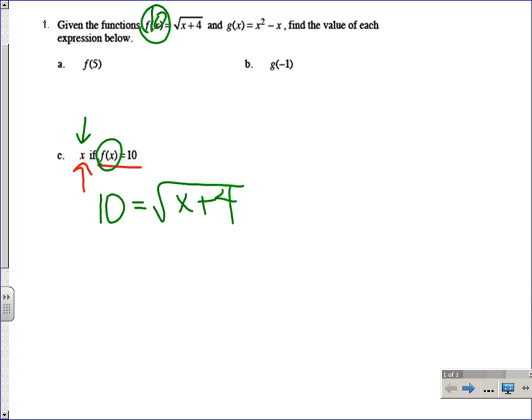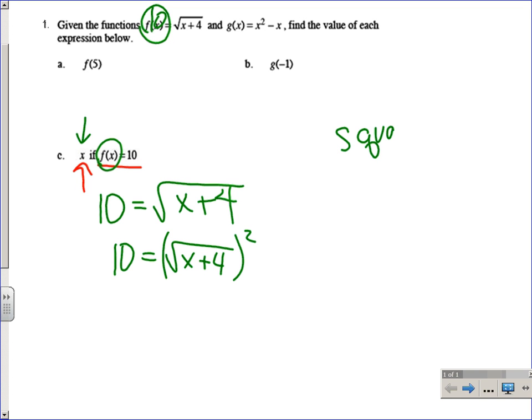I see a square root. That is like a grouping. That is like parentheses. And when we're solving, we need to undo. To undo a square root, I'm going to square that.